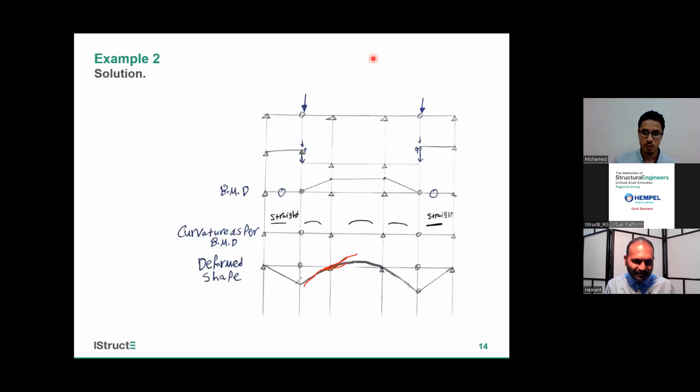From here, I know this will be a straight line, and I'll have theta. It's very important to know that if I have an intermediate hinge, I'll have a relative theta, so there will be a discontinuity in the slope. So that's it for this example.